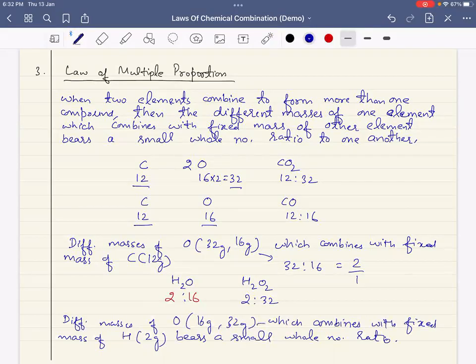So here oxygen is combining with hydrogen in the ratio of 16:32, that is 1:2. So this is a small whole number ratio, right? 1:2 is a small whole number ratio.